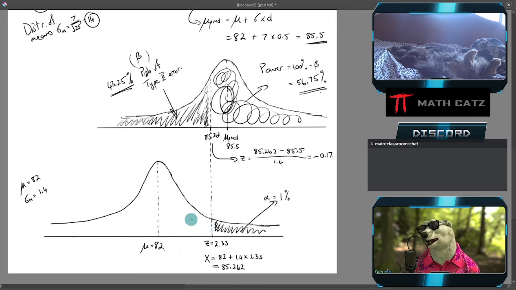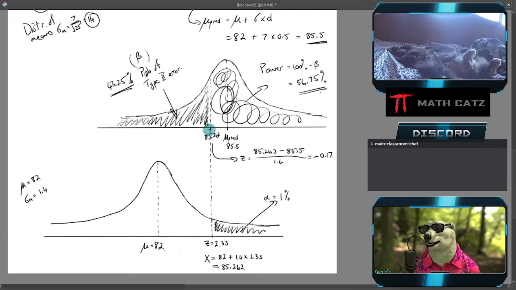If, however, the null hypothesis is not true, it's not centered at 82, it's over here. What would be the wrong conclusion then? The wrong conclusion would be not rejecting the null hypothesis when there has been a change.